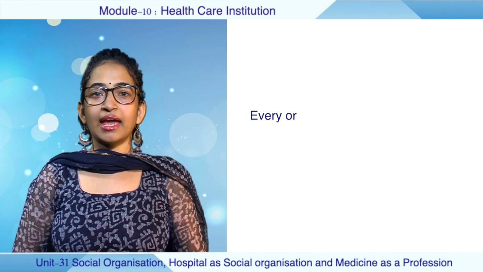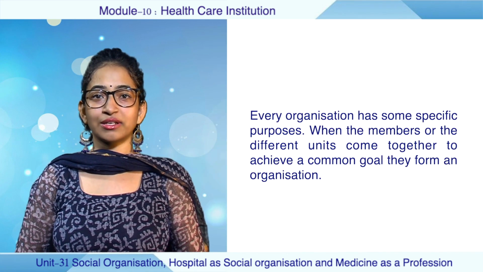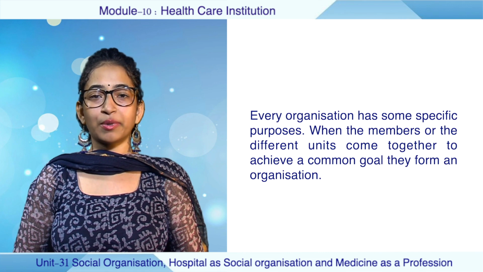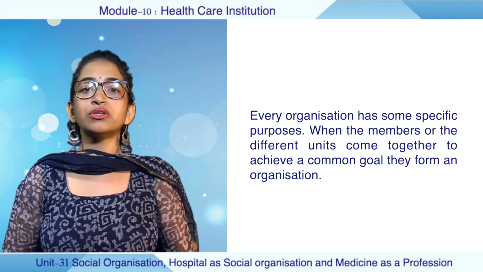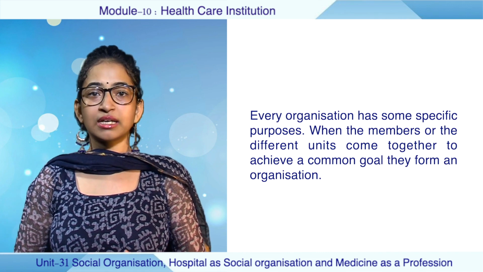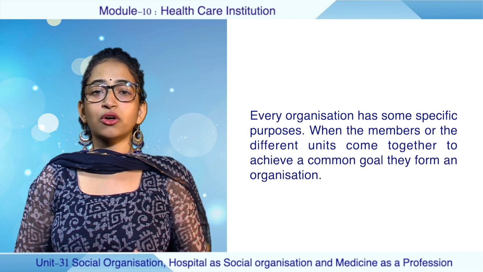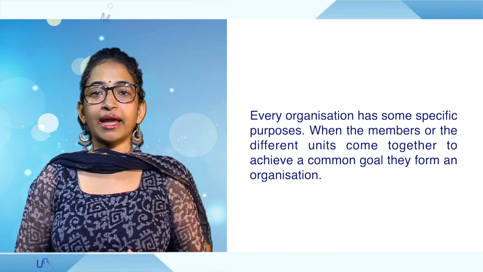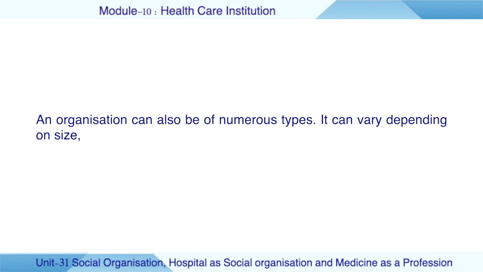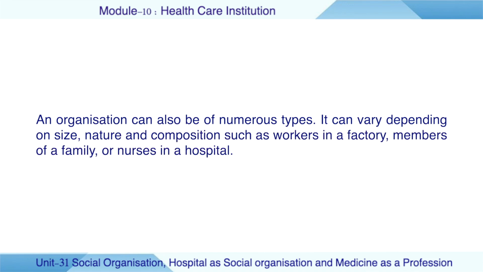Thus, it can be argued that the term organization basically refers to the interdependence of various parts in a group. Every organization has some specific purposes. When the members or the different units come together to achieve a common goal, they form an organization. An organization can also be of numerous types.